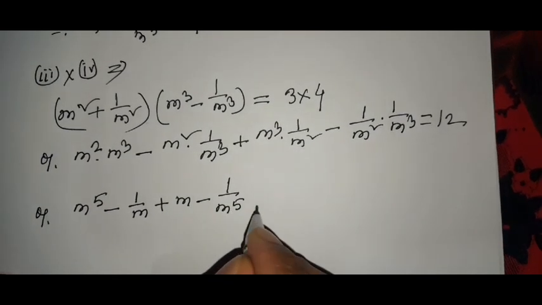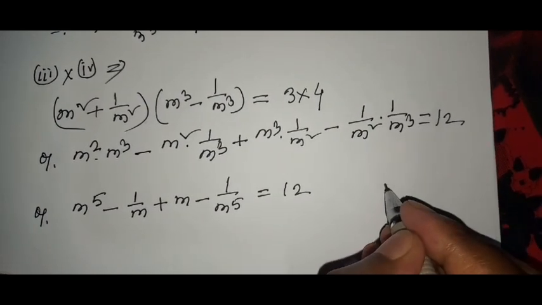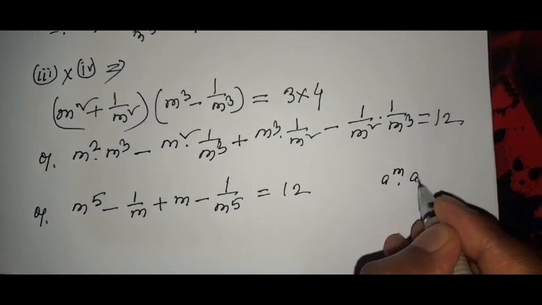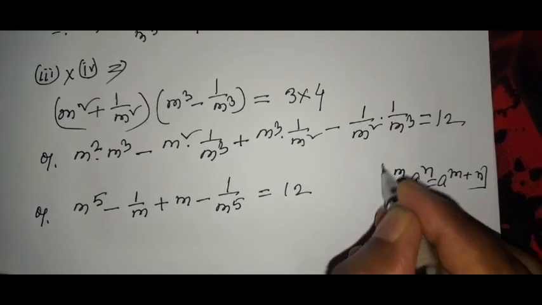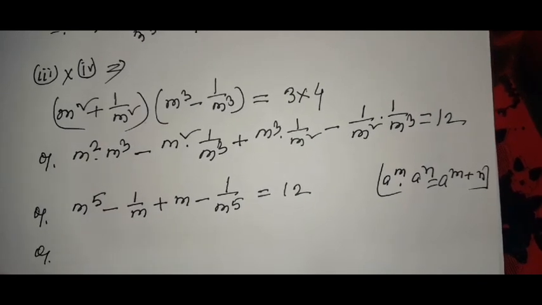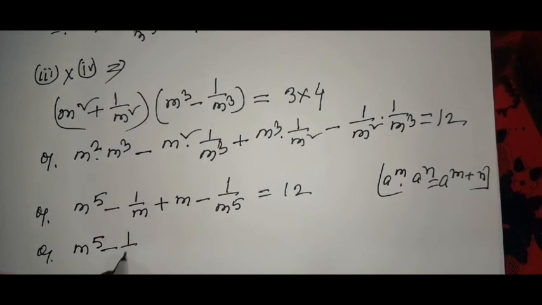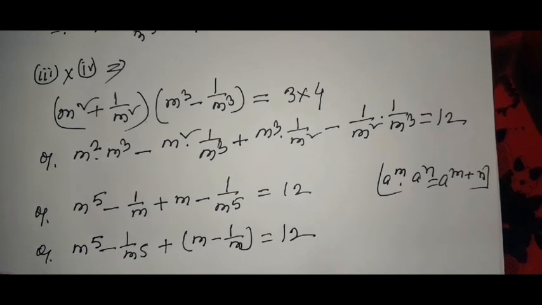Since a^m × a^n is equal to a^(m+n). Now you can write m⁵ − 1/m⁵ + m − 1/m is equal to 12.